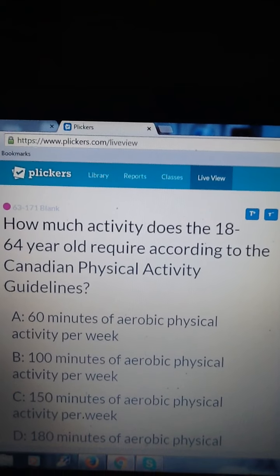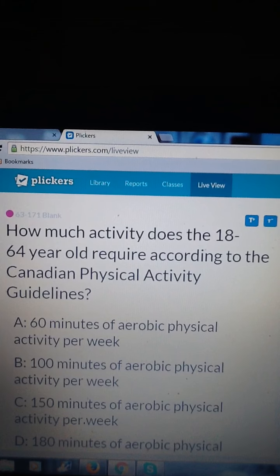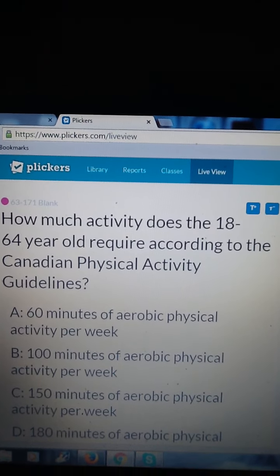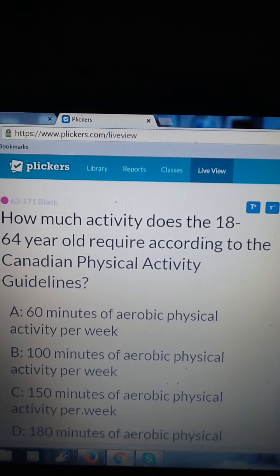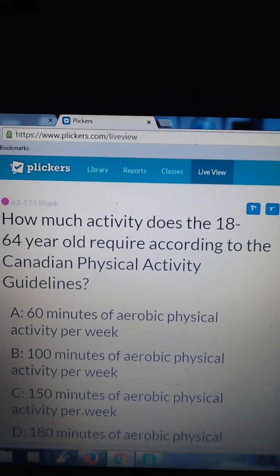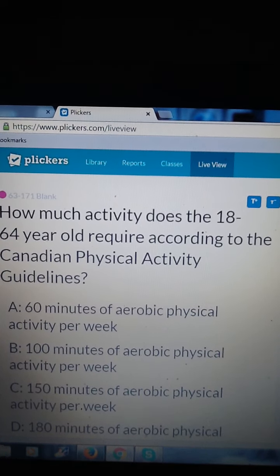Okay, here we go. How much activity does the 18 to 64-year-old require according to Canadian Physical Activity Guidelines? Is it 60 minutes per week? 100 minutes per week? 150 minutes per week? Or 180 minutes per week?